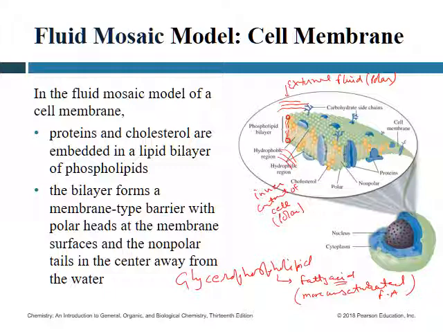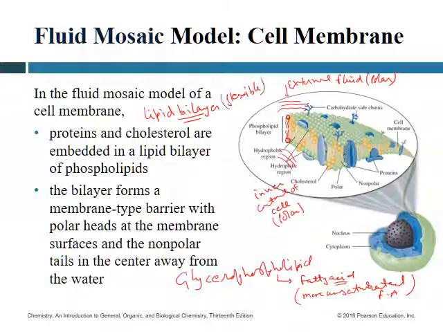Because of this cis double bond in the fatty acid, the phospholipid molecules cannot fit close together, and if they cannot fit close together, the lipid bilayer is not rigid but flexible.